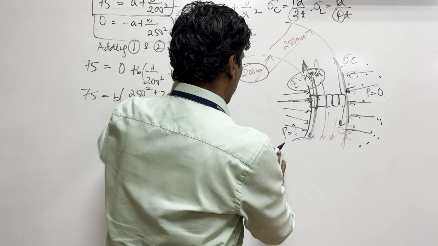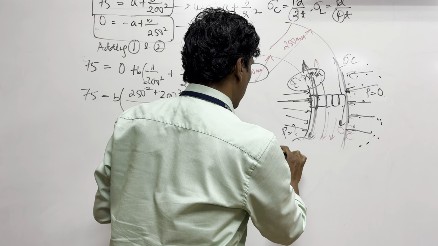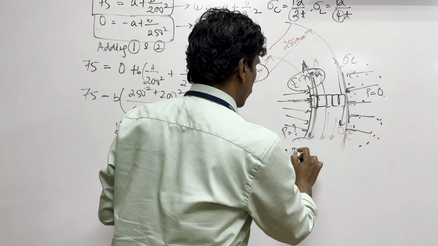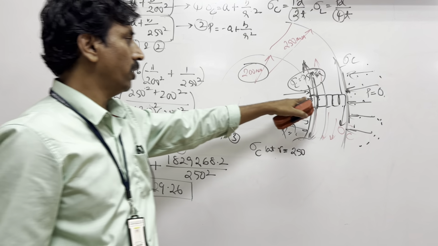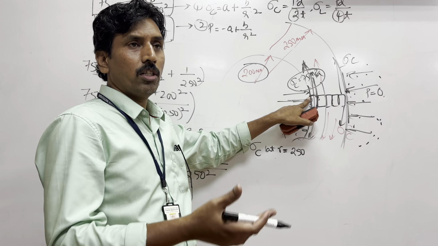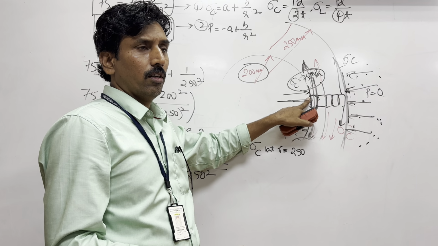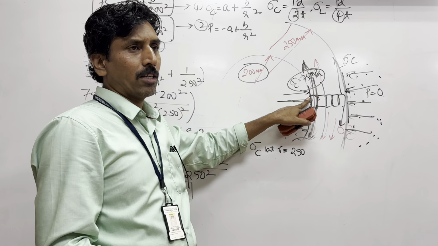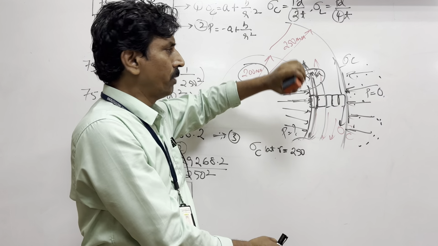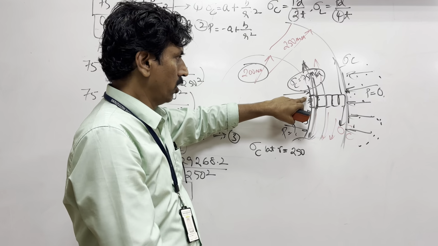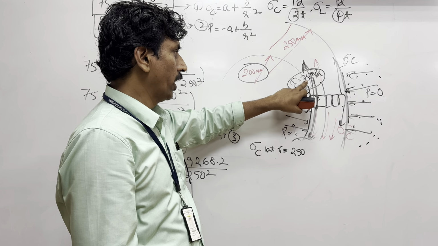Sigma C at R is equal to how much? 250. I want this because, as an engineer, I knew that the maximum tensile stress could be at the inner surface, which would actually make this fail.